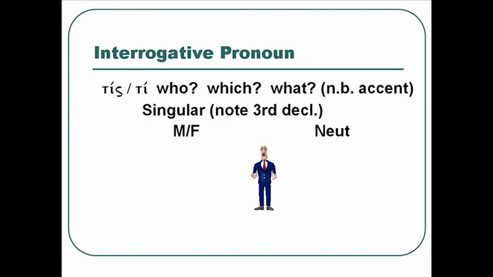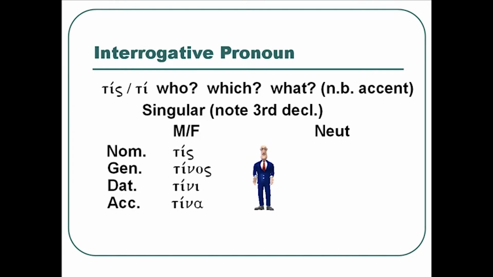Now the interrogative pronoun, tis, ti, who, which, or what, note that there is an accent on this one, and here's a quick declension of this form. In the masculine and feminine, the nominative is tis, genitive is tinos, dative is tini, and accusative is tina.